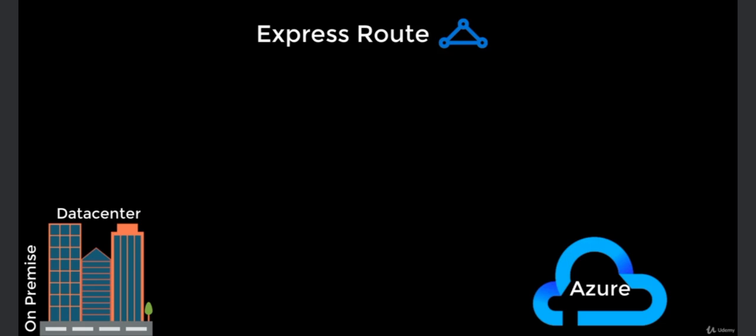ExpressRoute gives you a fast and reliable connection to Azure with bandwidths up to 100 Gbps, which makes it excellent for scenarios like periodic data migration, replication for business continuity, disaster recovery, and other high availability strategies.